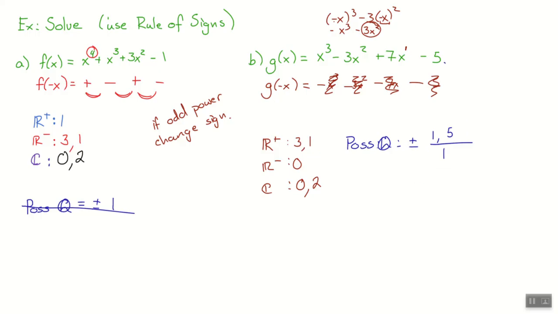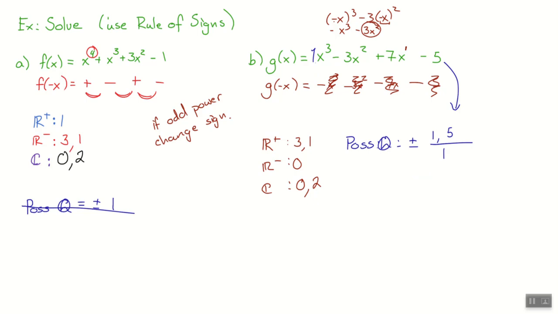This is factors of 5, and these are factors of 1. P over Q. Now, I didn't really need to write plus or minus. It's a habit. I guarantee there's no negative roots. We see that there won't be by Descartes rule of signs. So it means we really only have 2 numbers to check, right? It's either going to be 1 or 5.